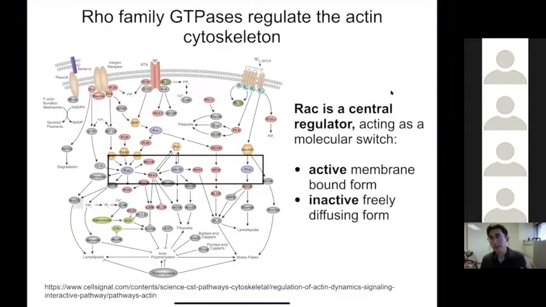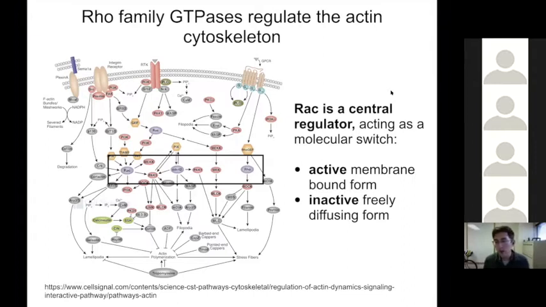Now, the cytoskeleton itself is a dynamic structure that can be sort of rearranged. Think of it as like a scaffolding that can move. And there's a whole bunch of proteins and other sort of receptors, and a whole bunch of different things involved in regulating this actin cytoskeleton. So here, what I'm just trying to emphasize is that there's this sort of a circuitry to the cell signaling that regulates the cytoskeleton.